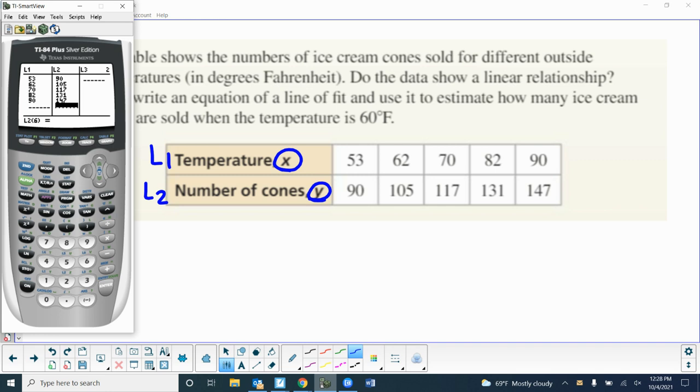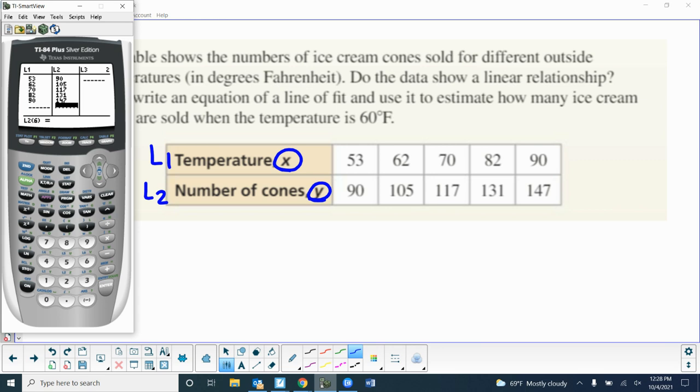So all I need to do is figure out the line of best fit. What do I look at to see if it shows a linear relationship? You can look at the scatter plot, but do I really need to if that screen gets me the equation? Isn't it the R squared? The R value, yeah, not the R squared, the R value.